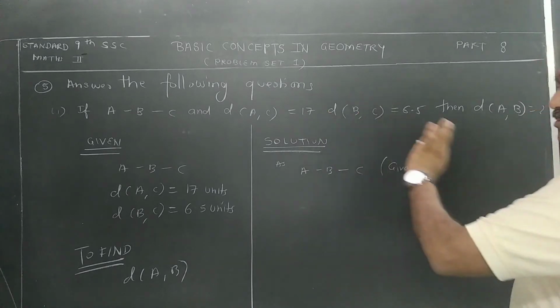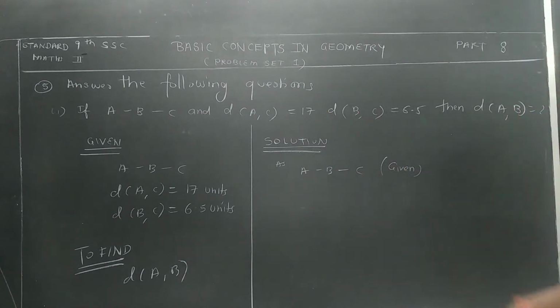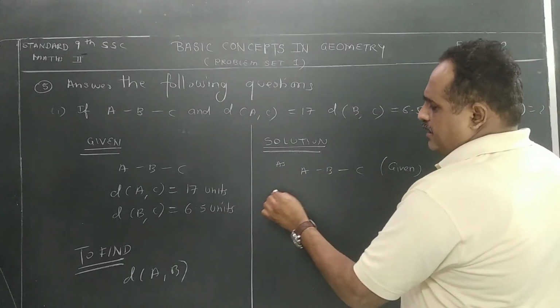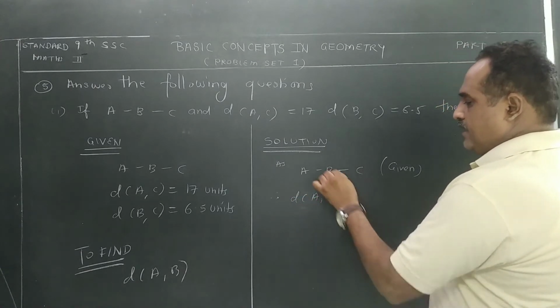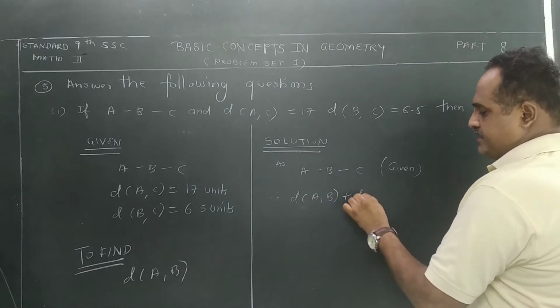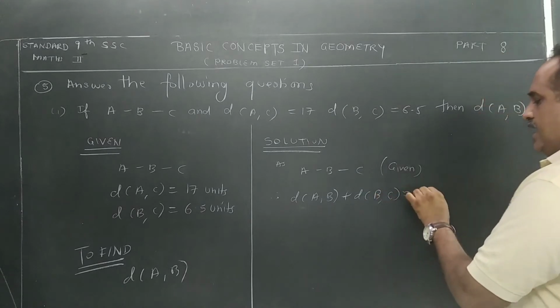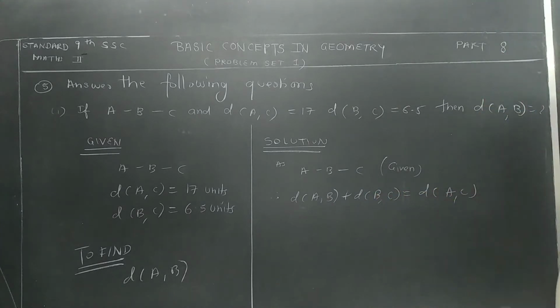So don't look at what question they have asked. We know that we have to find the distance. If they are collinear points, distance AB plus distance BC is equal to distance AC.